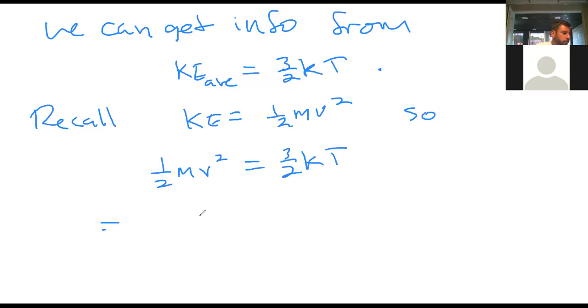I can multiply both sides by 2. That kills the fraction. So if I solve this for V, what I end up getting is 3kT over m.